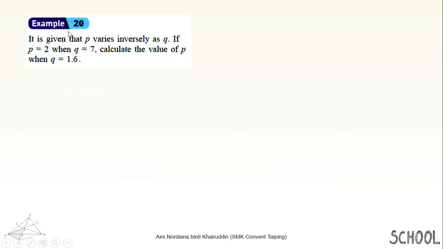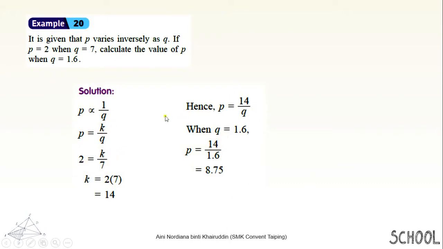Example 20. It is given that P varies inversely as Q. Given the values of P and Q, calculate the value of P when Q equals 1.6. First you have to calculate the value of k. So write in the form of relation. Then write in the equation form.